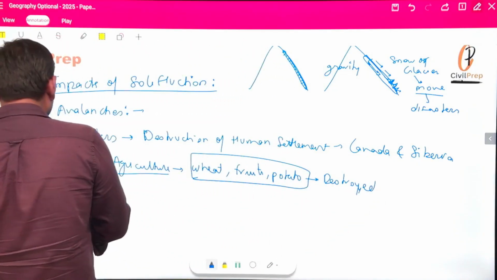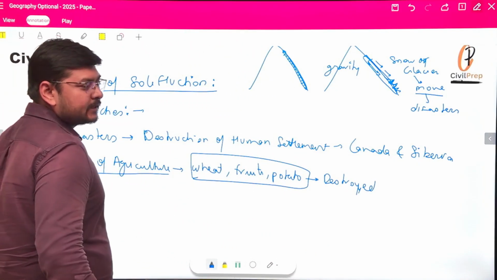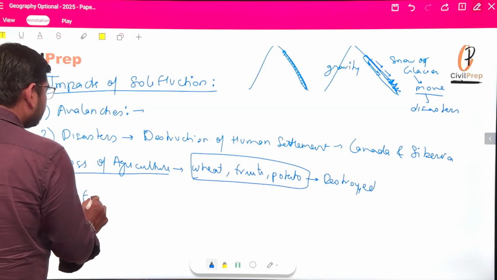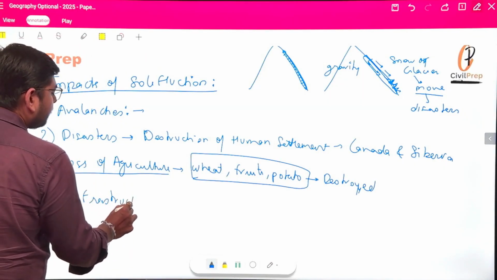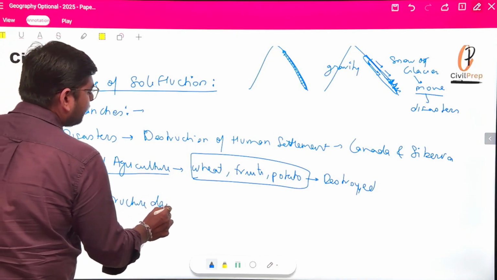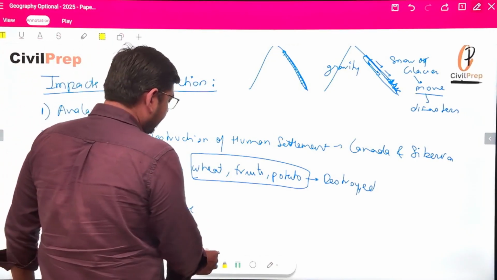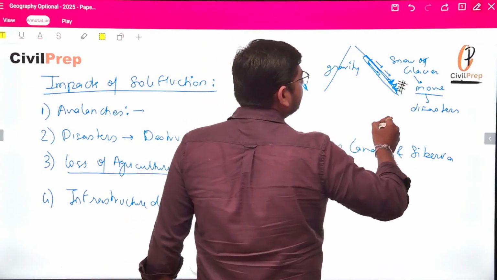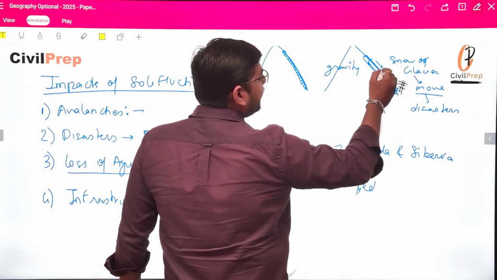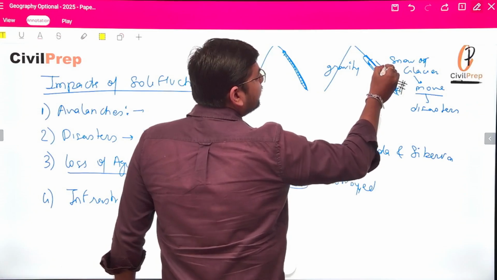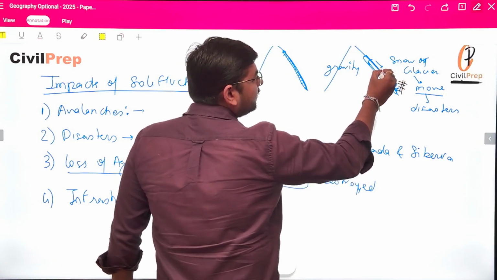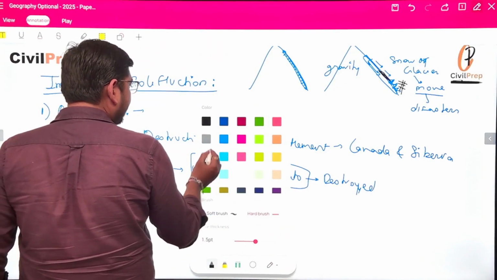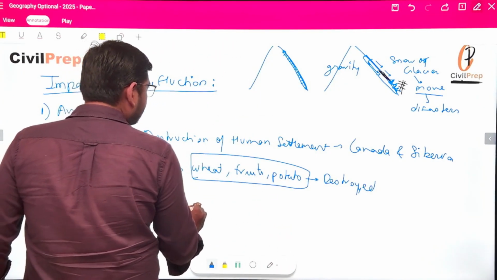Okay. Fourth thing we'll be seeing here is that this will also result into infrastructure damage. For example, in case there are some electricity poles present here, or some kind of wire system, or the sewage lines are present in this region, these infrastructures get removed here.